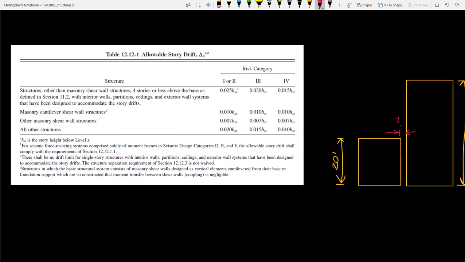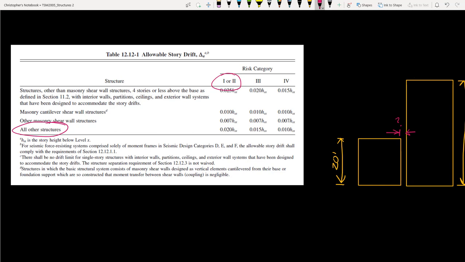So let's say that both buildings fall into this all other structures category. And let's say that both are risk category 1 or 2. The majority of buildings will be in either of these two categories, 1 or 2. 3 and 4 are primarily reserved for large hospitals or buildings that handle hazardous waste.